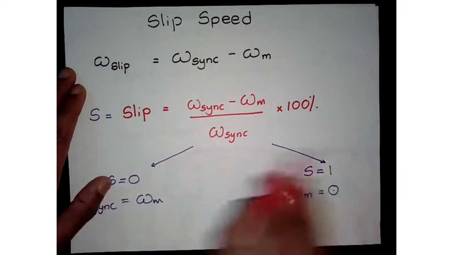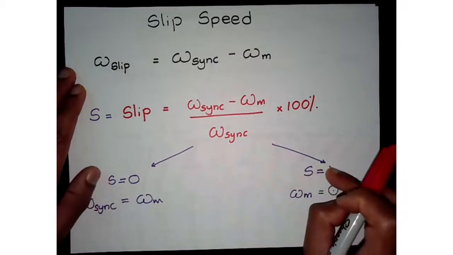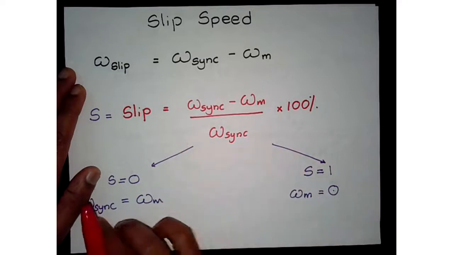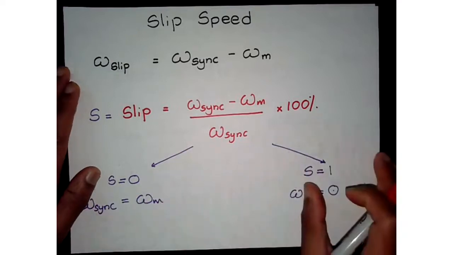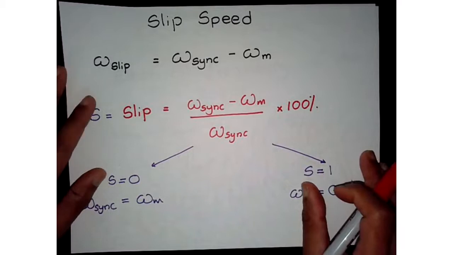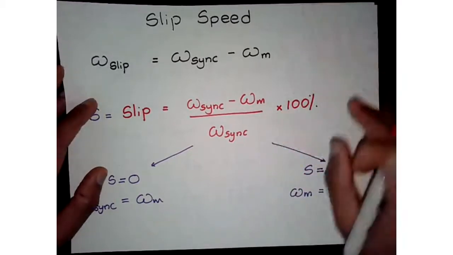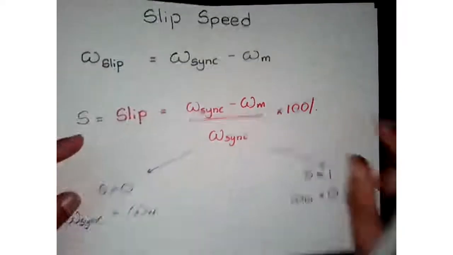In between, you can see the motor accelerating from 0 speed to the synchronous speed, or close to that, practically speaking. This is a definition that we're going to use in analyzing our machines.